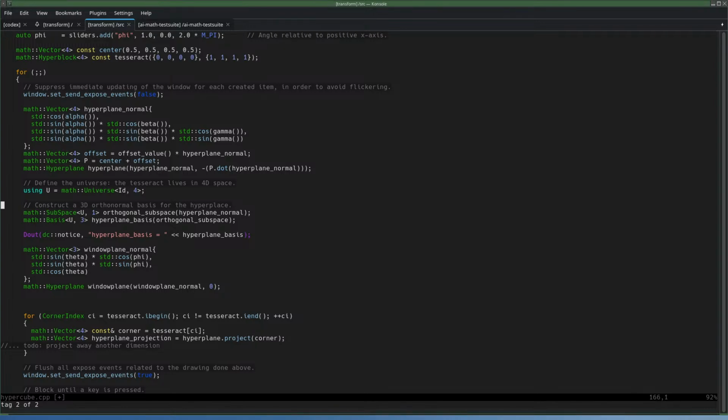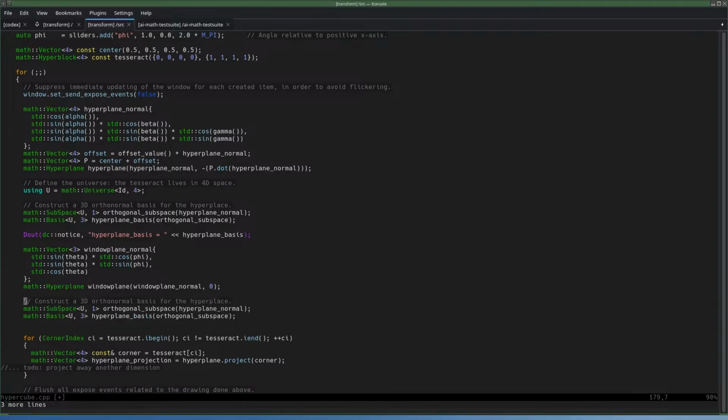Okay, let me just copy this. Construct a 2D orthonormal basis for the hyperplane. Oh, and I've invented a new word, for the window plane.